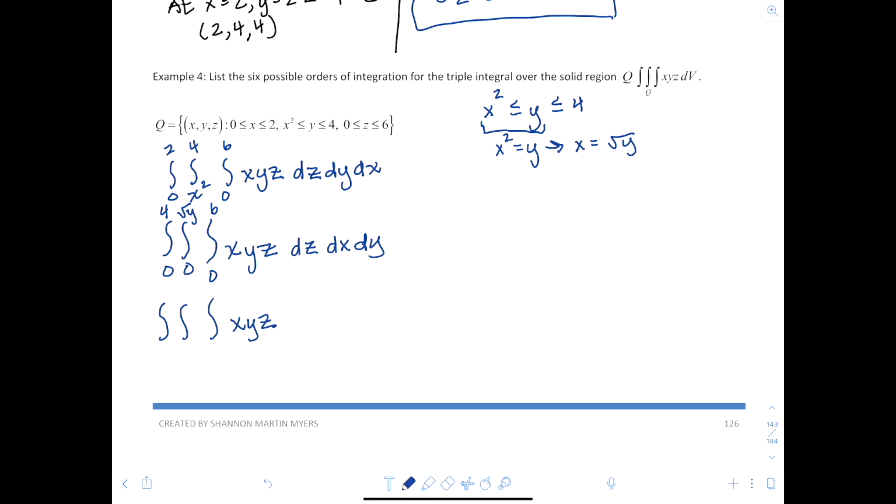So let's say we did dy, dz, dx. So if we do dy, dz, dx, we're going from x squared to 4, right? And then 0 to 6, and 0 to 2.